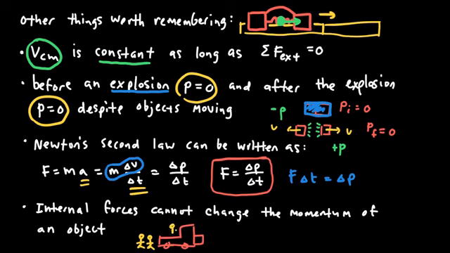But in one part of the video, a person was on the back of the truck, inside the truck, trying to push forward on the truck. Of course, we know that the person on the back of the truck is not capable of pushing the truck forward because they are internal. They are part of the truck system. Therefore, there's no way they could possibly move that truck forward. So remember that only external forces can change the momentum of an object.